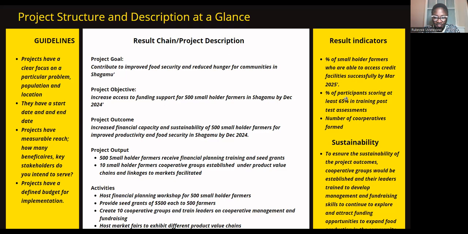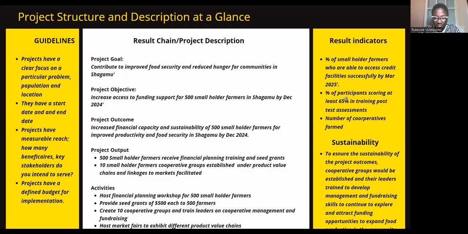No one project can solve all the problems or all the root causes, because you've identified the problems, the evidences of the problems, and the root causes. It is advisable for you to look at your organization and ask yourself: which of these root causes am I well placed to solve?